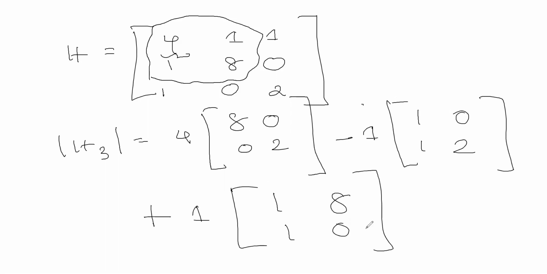So while we are trying to identify the determinant, what are we doing? We are omitting the first column and the first row. That's how we are left with 8, 0, 0, 2. This is the first one, right? That's how we do the rest.